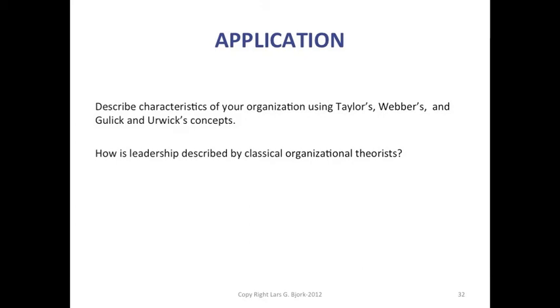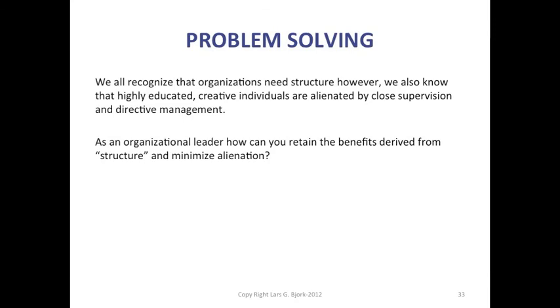Describe the characteristics of your organization using Taylor's, Weber's, and Gulick and Urwick's concepts. How is leadership described by classical organizational theorists? Most importantly, let's apply what we know to problem solving. We all recognize that organizations need structure.